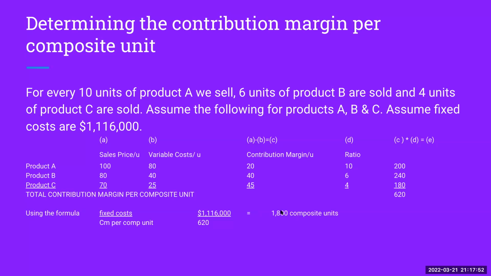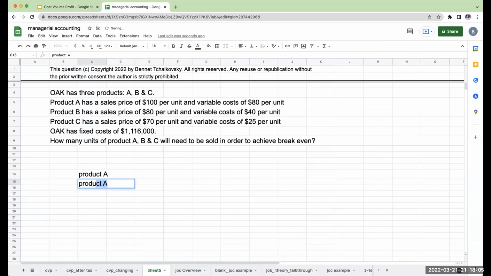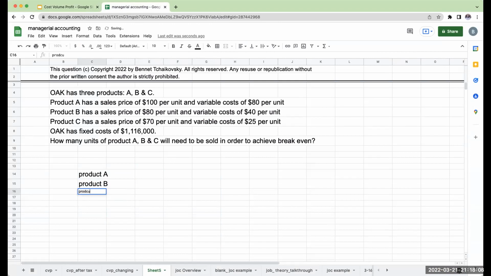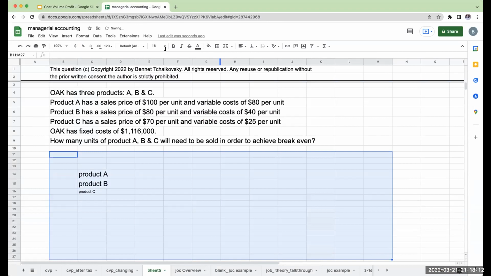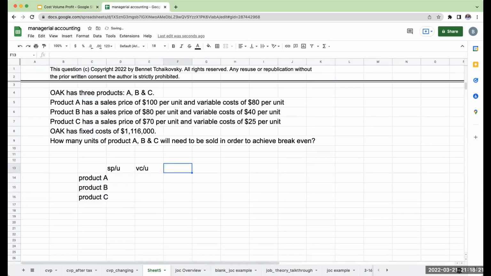So let's take a look at this question in more detail. Let's go back over here. We've got 3 products, A, B, and C. Let's make this nice and big for everybody, especially me. I have my sales price per unit, variable cost per unit, and contribution margin per unit.